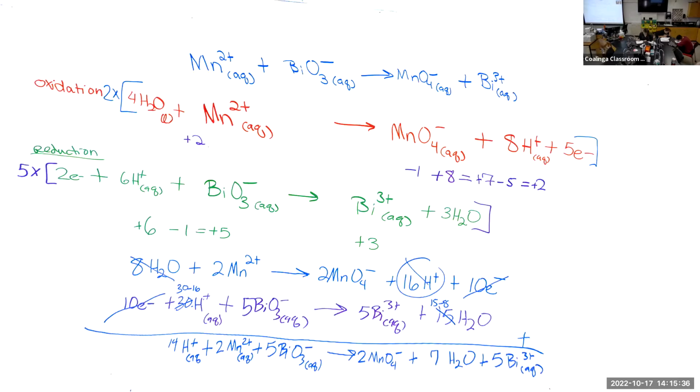So we have, put our charges over here. So we have 14 pluses, plus 2 times 2 plus, so that's 4 plus, minus. So then that's 13 plus over here.